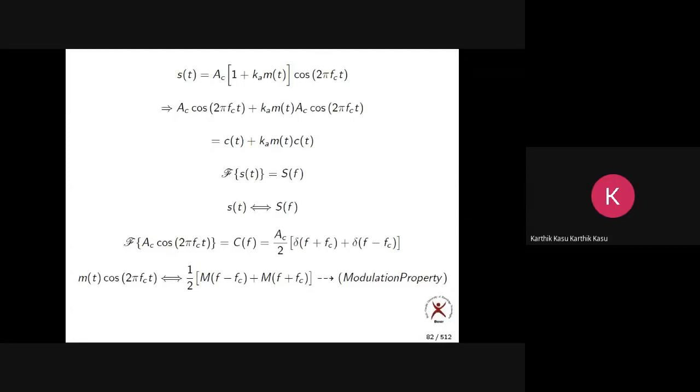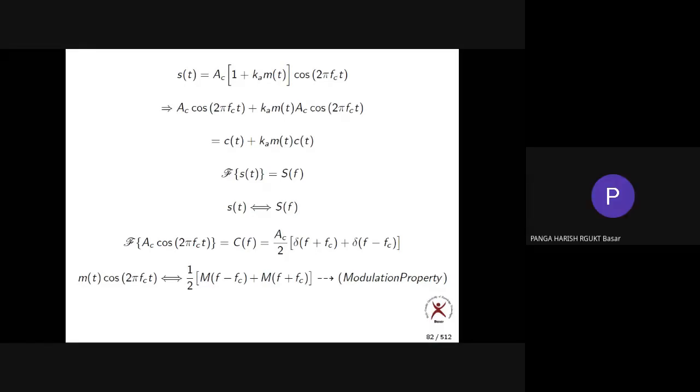Now what is x of t into delta of t minus t naught, the product? The answer is x of t naught into delta of t minus t naught. You must know these basic formulas.